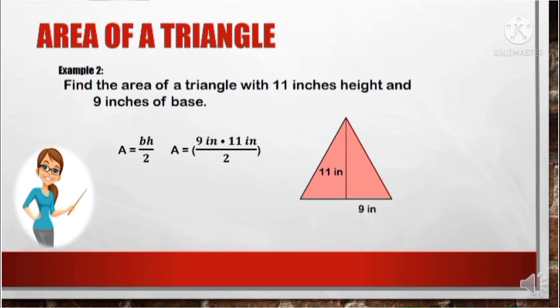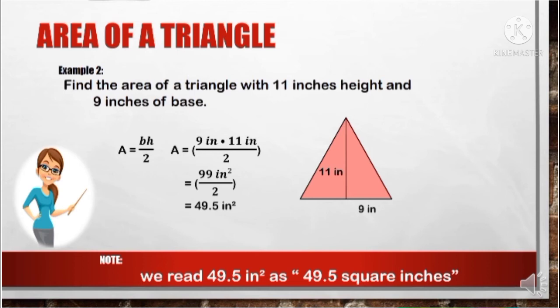The product of 9 inches and 11 inches is 99 square inches, and you will divide it by 2. In dividing 99 inches squared by 2, the quotient is 49.5 inches squared. We read 49.5 inches squared as 49.5 square inches, and that is how we get the area of a triangle.